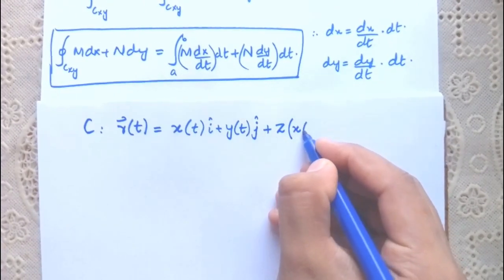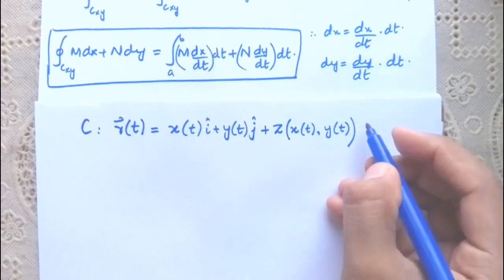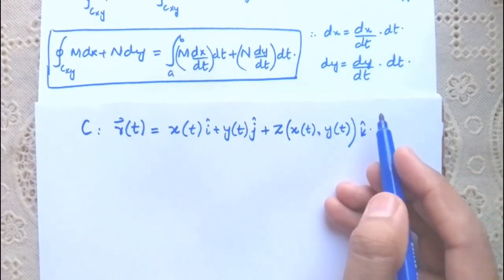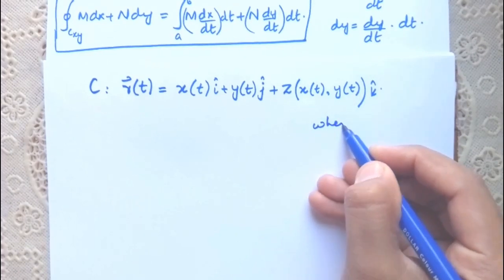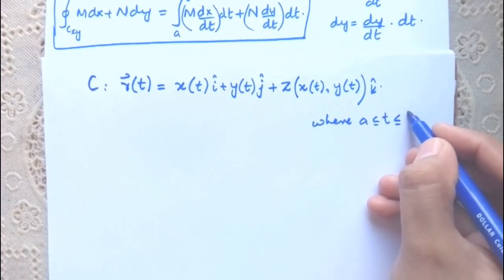So z of x of t and y of t in the direction of k, where a is less than or equal to t and t is less than or equal to b.